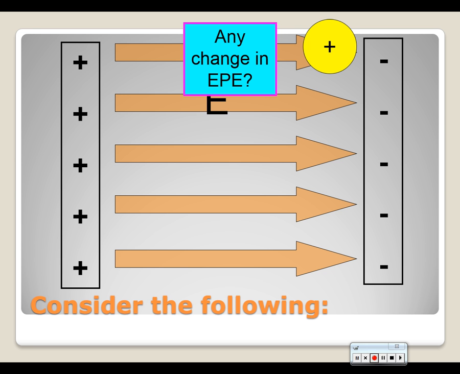We did work, but the work in this case is kind of weird because it didn't change the energy. How did we move it in relation to the electric field? Let's use a math term. We moved it perpendicular to the electric field.